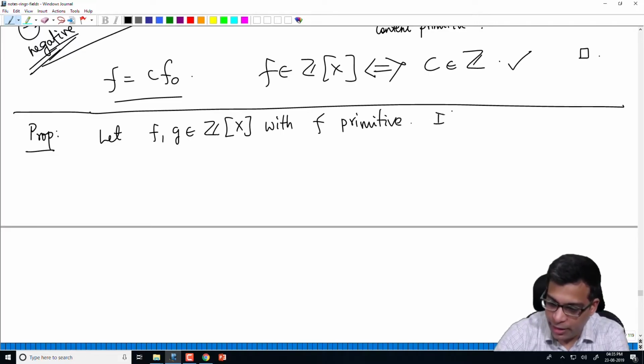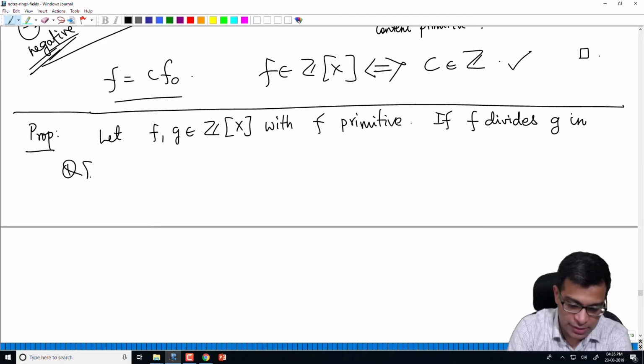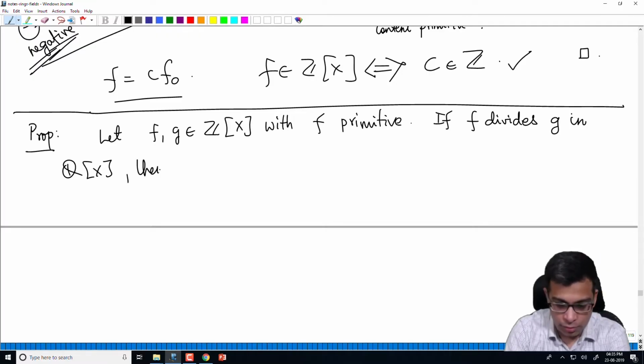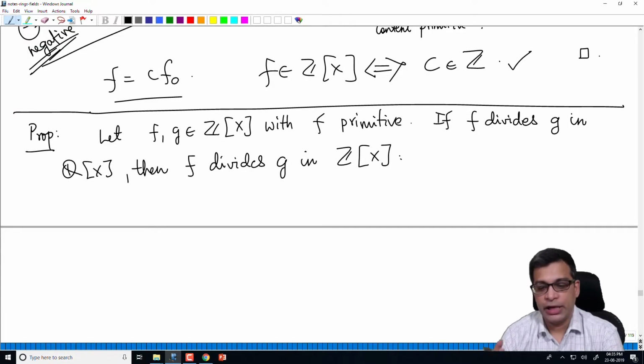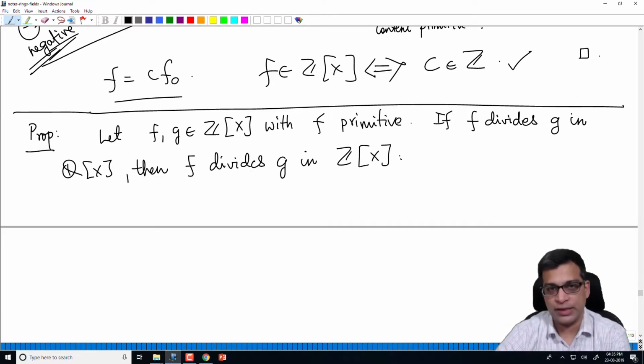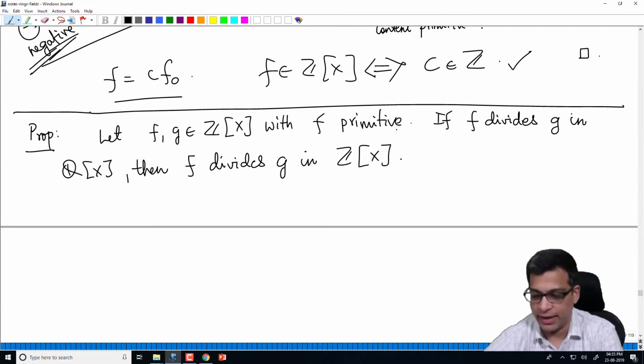Then if f divides g in Q[x], then f divides g in Z[x]. This is the important proposition for us. If a primitive polynomial divides an integer polynomial in Q[x], actually it divides in Z[x] itself.